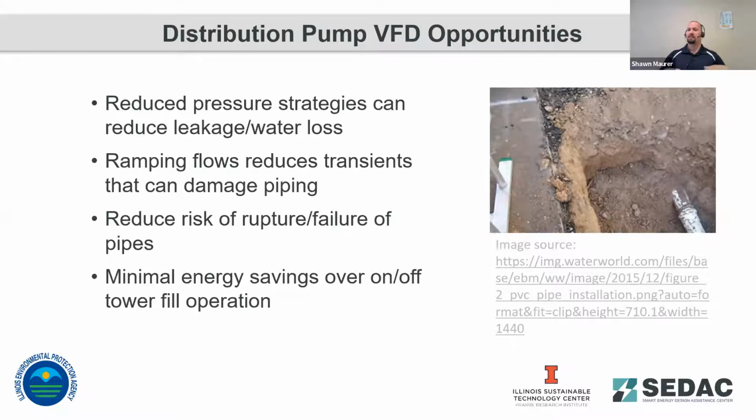So even if you can't modulate the pressure with a VFD on the system, the ability of that VFD to ramp the pump up and down in speed and reduce that pressure transient in your system and reduce the amount of pressure that's going in that slug of water flow can reduce that risk of rupture and failure in pipes.